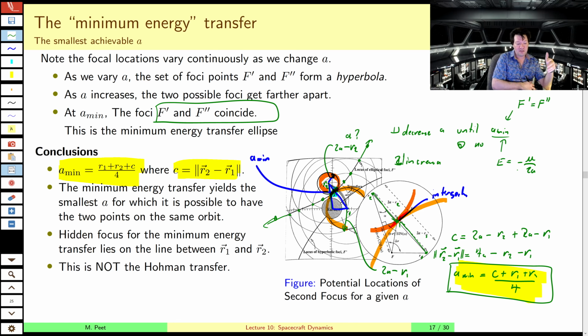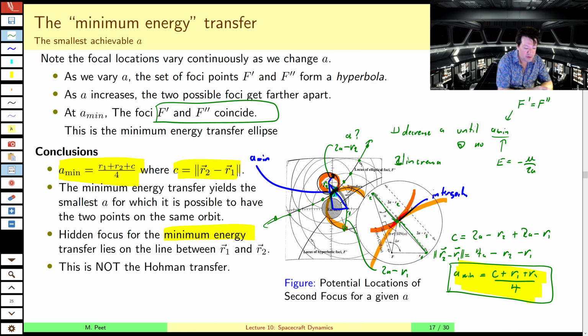That doesn't mean that it's a minimum delta V transfer, because remember there's a big difference, what we talked about in lectures 8 and 9, between the energy of a transfer orbit, or the energy between the target and the initial orbit, and the delta V required to maneuver. So the minimum energy orbit obviously is the minimum energy orbit, but that doesn't really matter much.